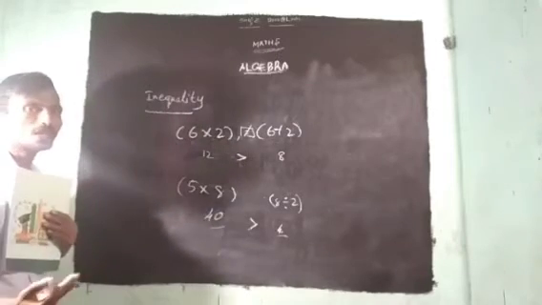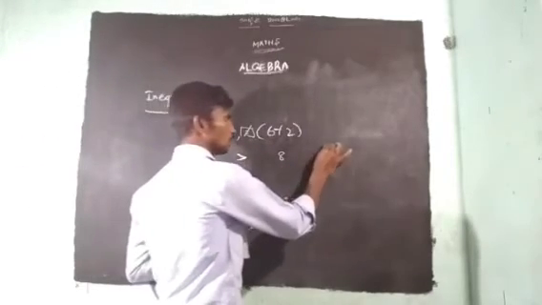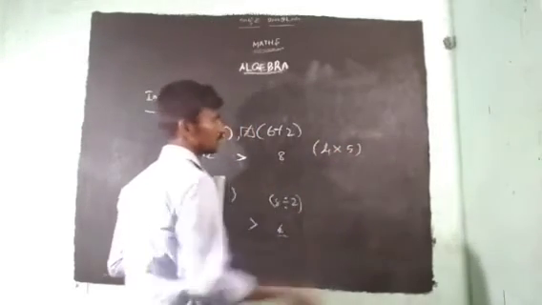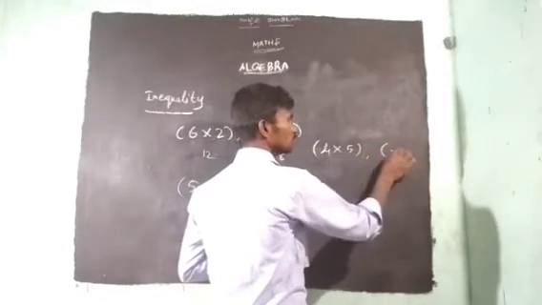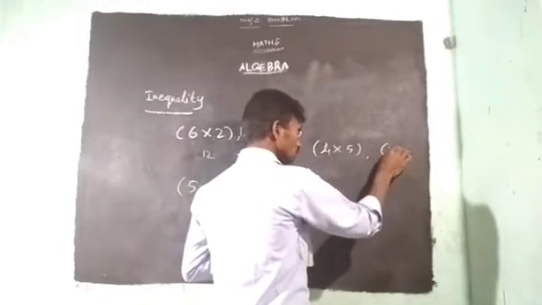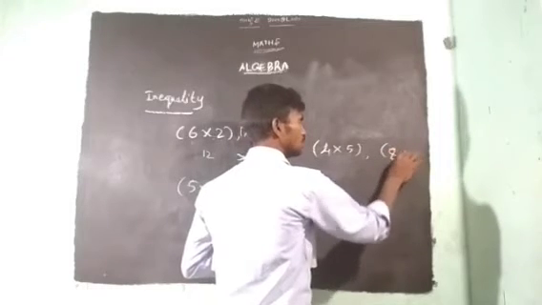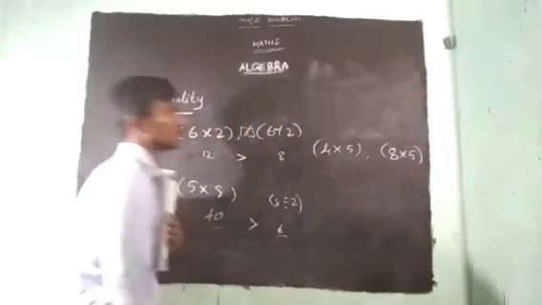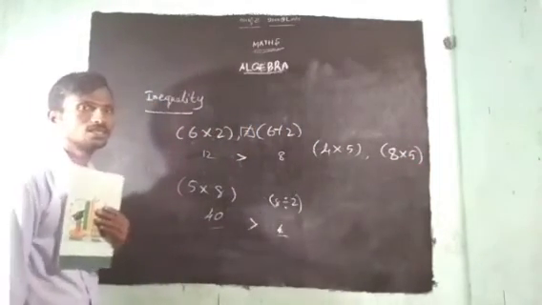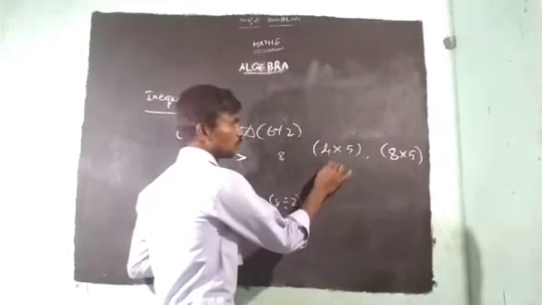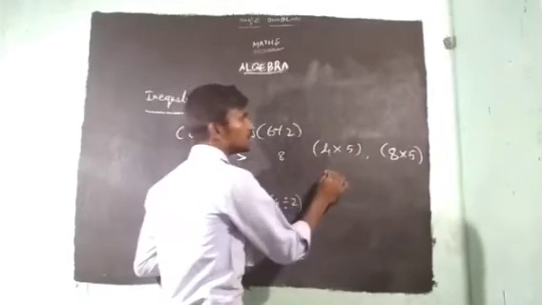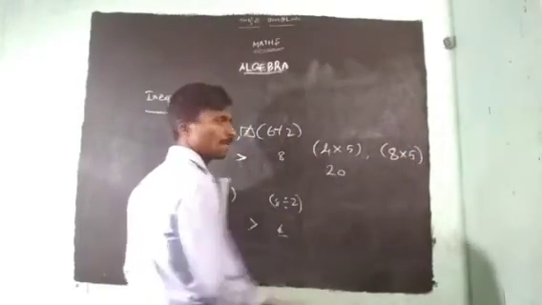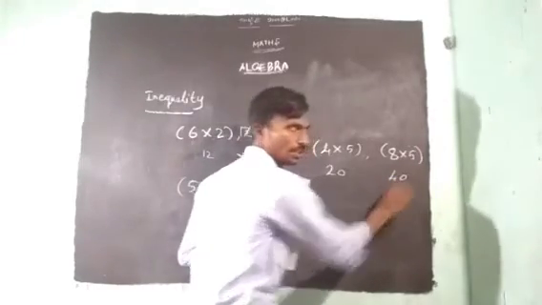Okay, just look at another example now. So 4 into 5, first operation. Another operation is 8 into 5. Here how will you relate it? 4 into 5 is 20. Here 8 into 5 is 40, yeah?